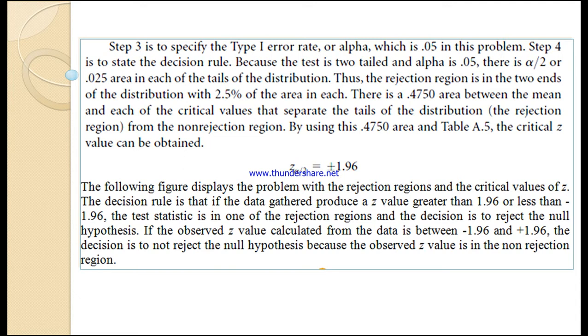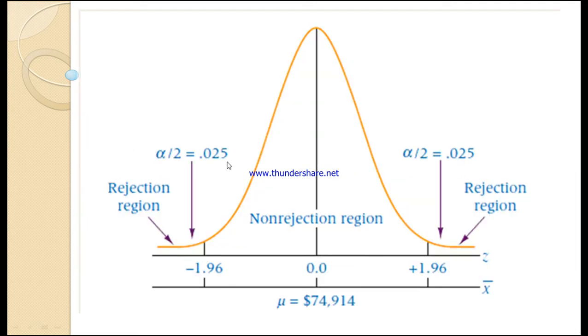Therefore, there is 0.025 area in each of the tails of the distribution. Hence, the rejection region is in the two ends of the distribution with 2.5% of the area in each. This is to say, the rejection region and the non-rejection region.